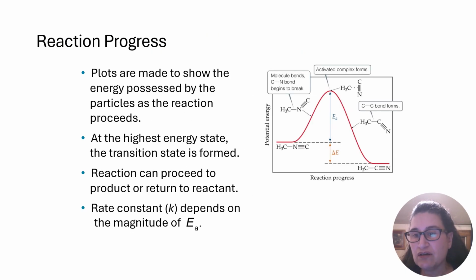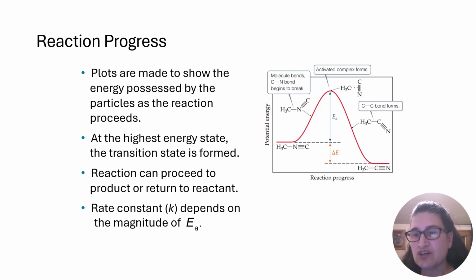Okay, so here are my reactants. This is my products. The difference between the reactants and the products is the change in energy. This could be exothermic or endothermic, depending on whether you're gaining or releasing energy. Since in this particular reaction I ended up with less energy at the end than what I had at the beginning, that means energy was released, so this would be exothermic.